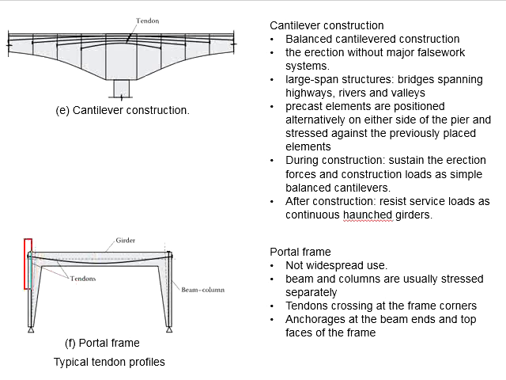Due to the perpendicular arrangement of the beams and the columns, the members are usually stressed separately. The tendons will cross each other at the corners of the frame, and there will be anchors at the end and also at the top face of the frame. If you analyze the portal frame carefully, you will see negative moments at the joint between the beams and columns.